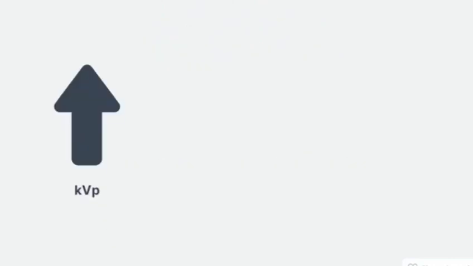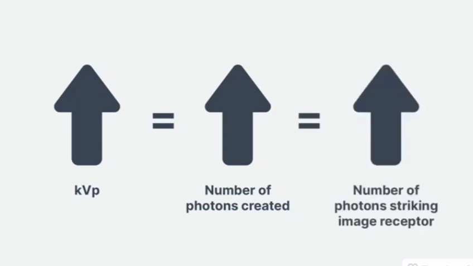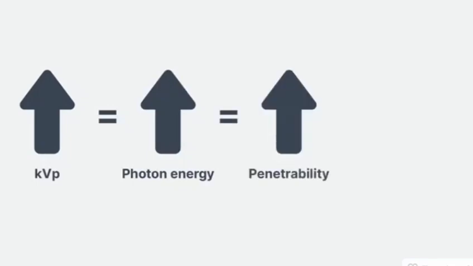Just like mAs, increasing kVp increases the number of photons created by the X-ray tube, which in turn increases the number of photons striking the image receptor. But kVp affects receptor exposure in another way too. Increasing kVp also increases the energy of photons, and therefore the penetrating ability of the X-ray beam.